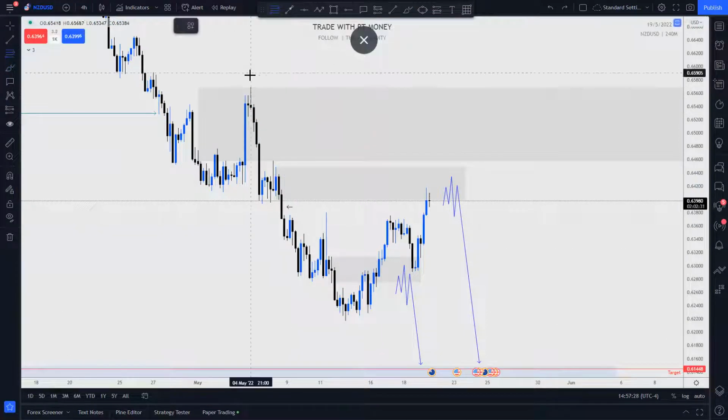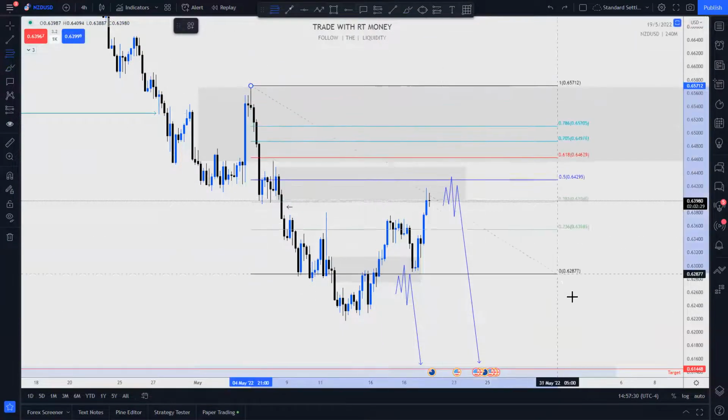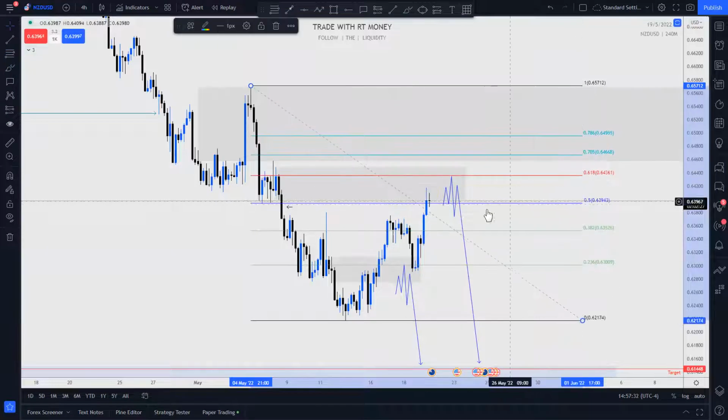I'm looking for price to go into premium prices, and we are crossing that 50% area right here. If it comes up and gives me the bearish price action in this way, it would fit, and this would validate this as a lower high for me.